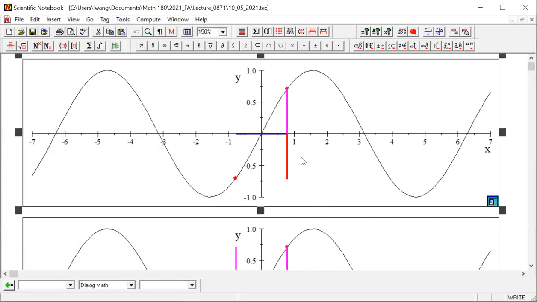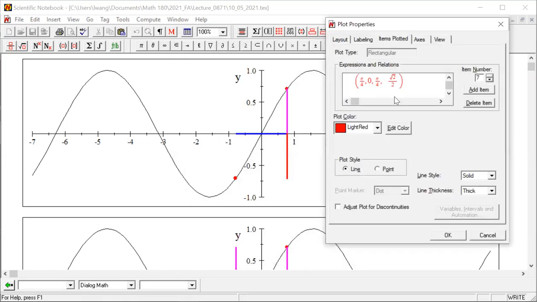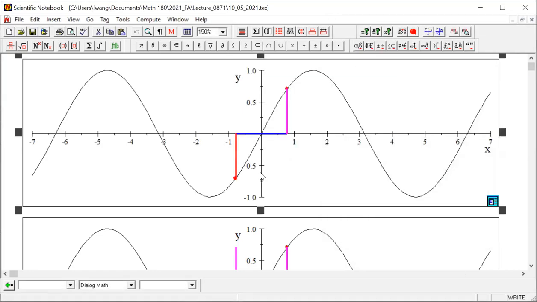Oops. Okay, so I'm going to bring this red back, so this red should be, yeah. Now it's right.